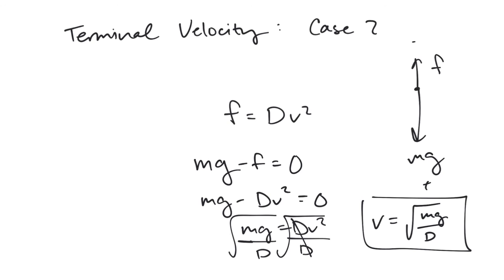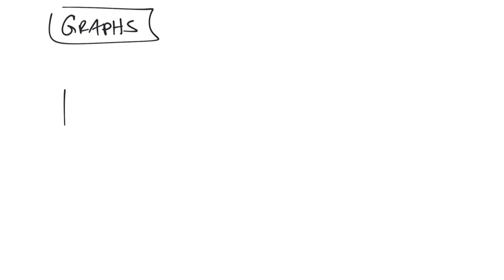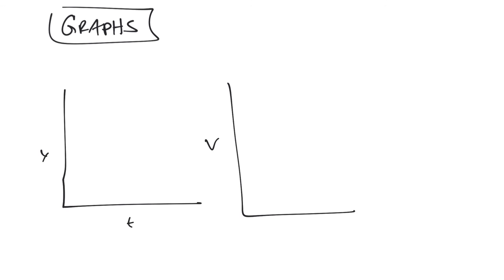Not going to do all the differential equations on that because our separation of variables would not be enough. But you do kind of need to vaguely know how the graphs would look for this. So we'll have a position-time graph, y, a velocity-time graph, and an acceleration-time graph. These are shown in much better drawings on page 147 of the textbook.